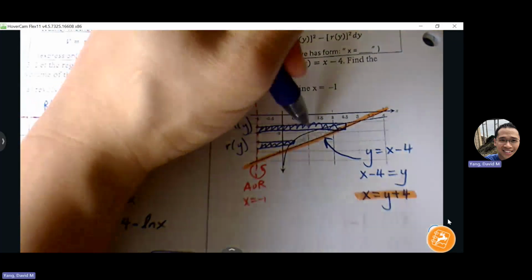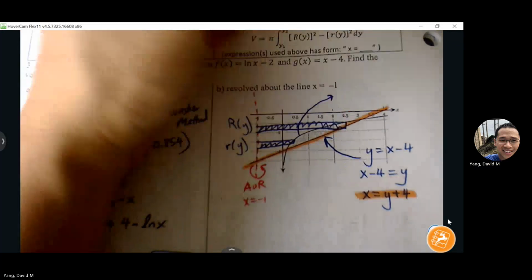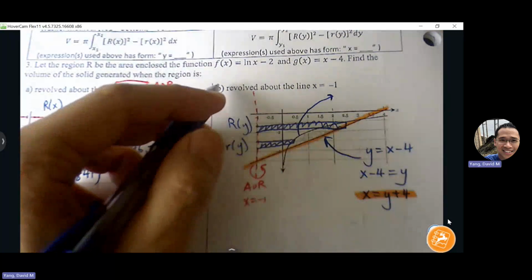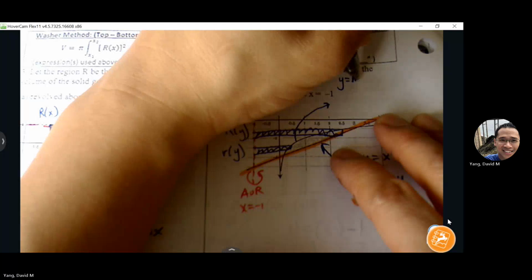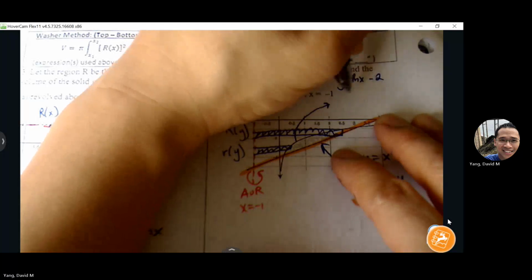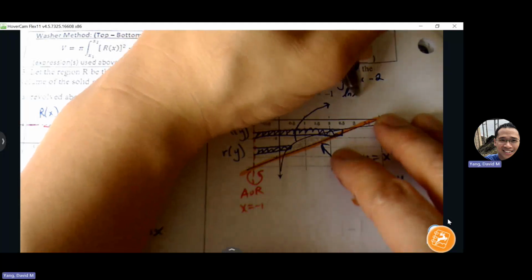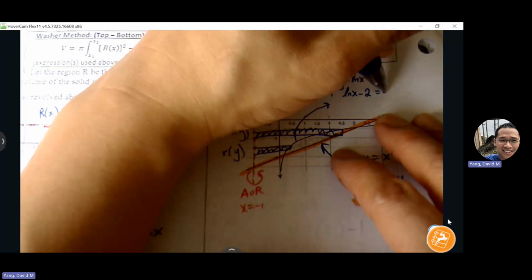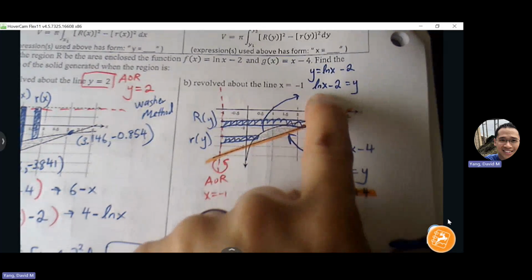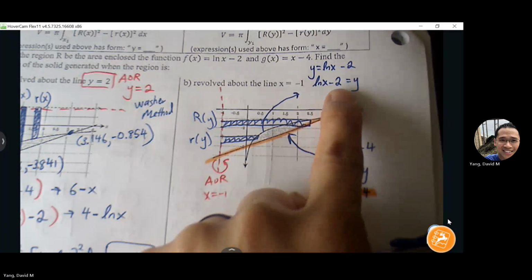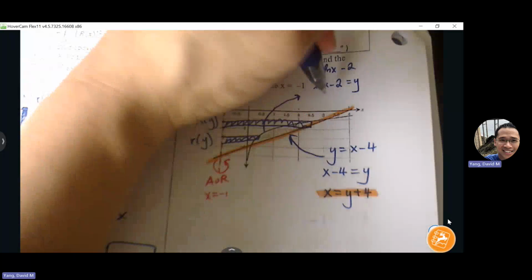It's my linear graph. Let me highlight that. Okay, the curved graph, that's the y equals natural log of x minus 2. Natural log of x minus 2 is equal to y. Okay, so if I want to solve for x, what would you do first? Add 2.